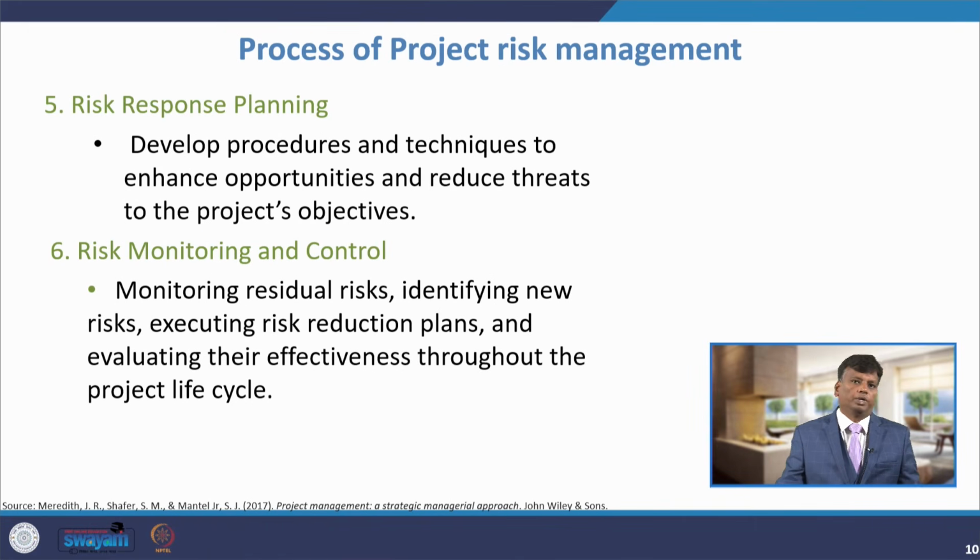The fifth step in project risk management is risk response planning. So, what will we be doing here? We develop procedures and techniques to enhance opportunities and reduce threats to the project's objectives. The next step is risk monitoring and control. Here, we monitor residual risk, identify new risks, execute the risk reduction plan and evaluate its effectiveness throughout the project life cycle.